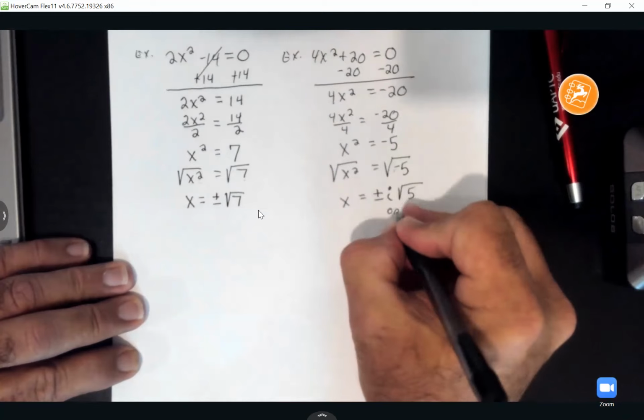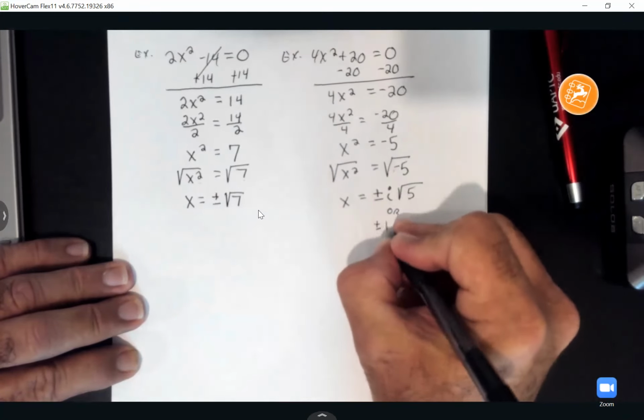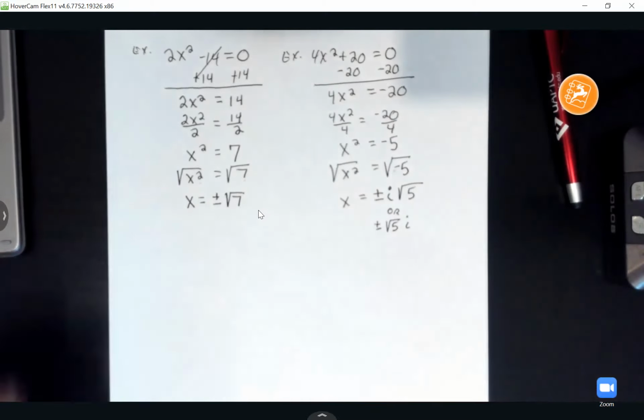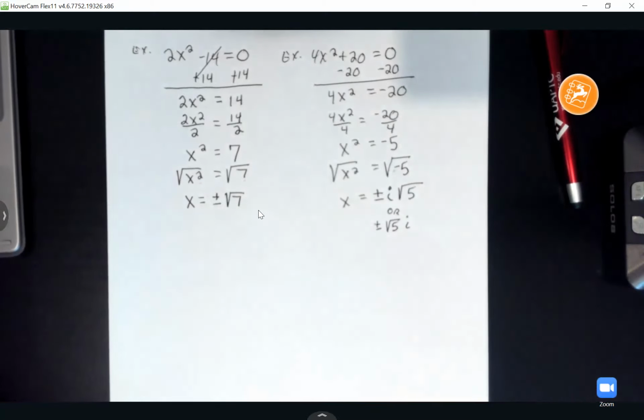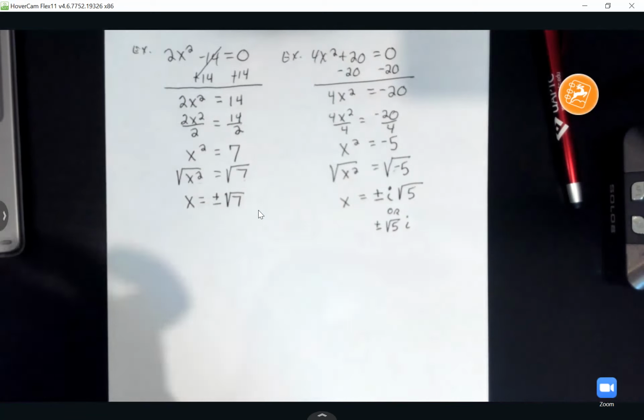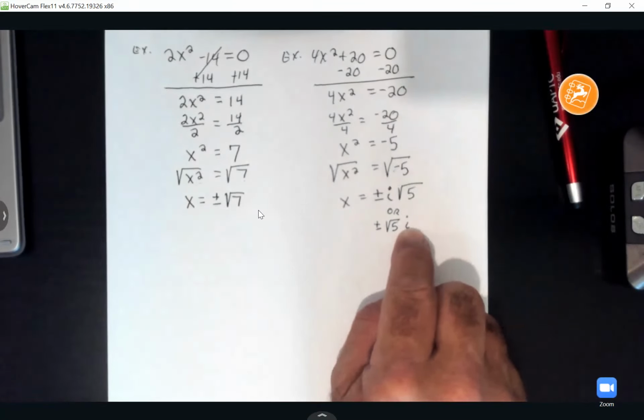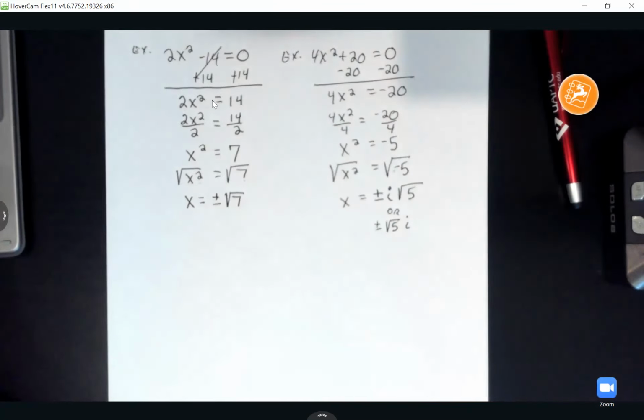Or you could do plus or minus the square root of 5, and then on the outside, put your i. So bring that negative out as the i, because remember, i equals the square root of negative 1, and the square root of negative 1 is always going to be the i. So we would put that in.